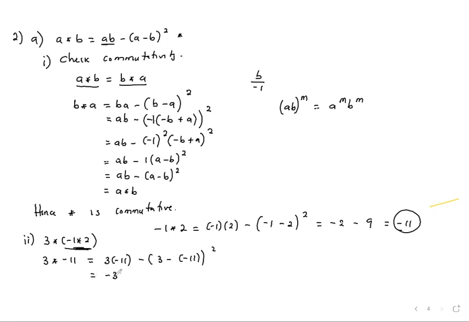This is -33 minus 3 plus 11, that is 14 squared. So you do the calculations here. You must get the value here. What value is it?